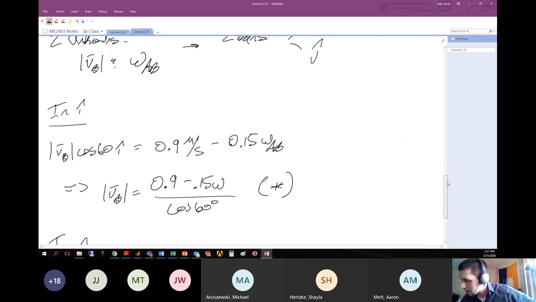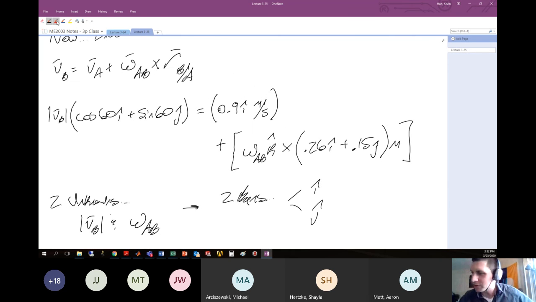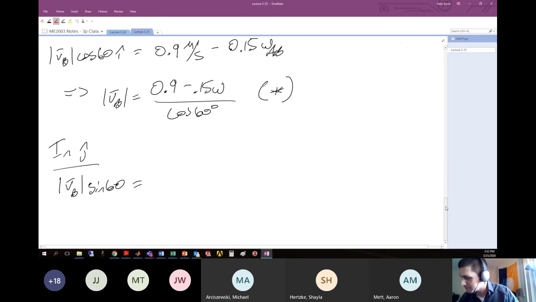The only thing that comes in the J direction from this equation is what happens when I cross K and I. So crossing K and I will give me a positive J. And so I'll have a 0.26 omega AB positive J from this cross product. So this is 0.26 omega AB. All right.